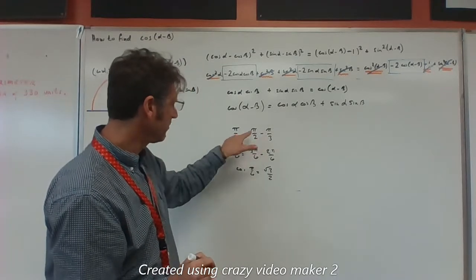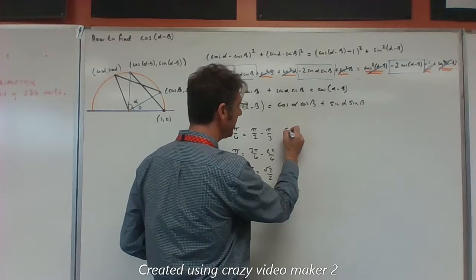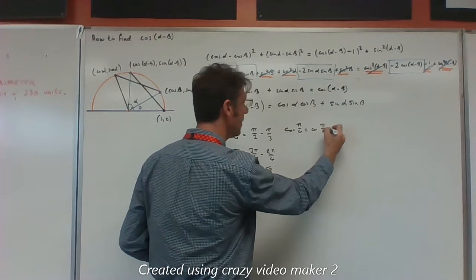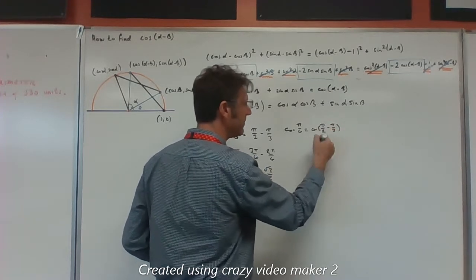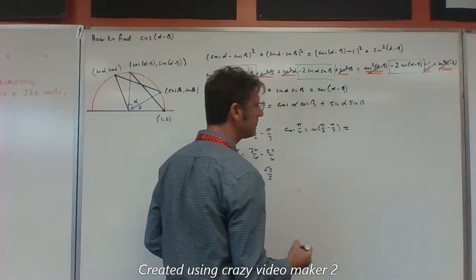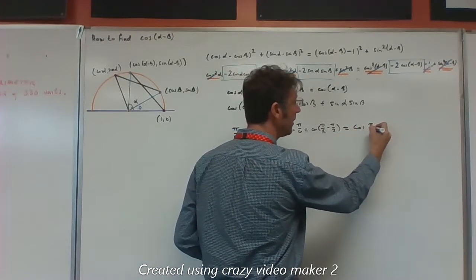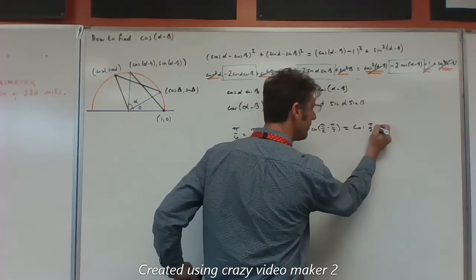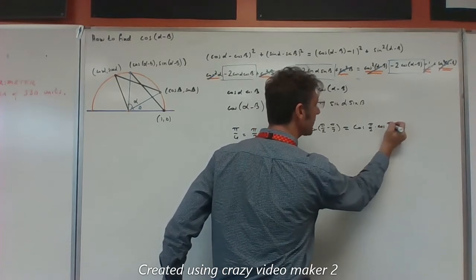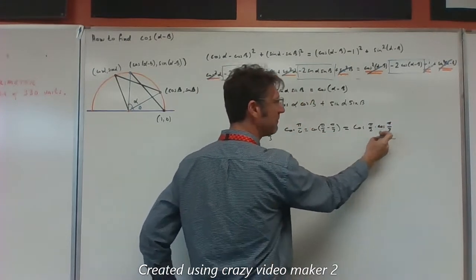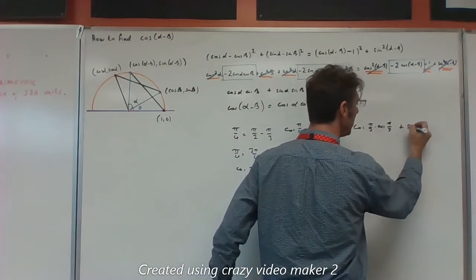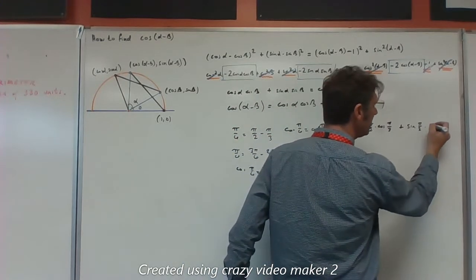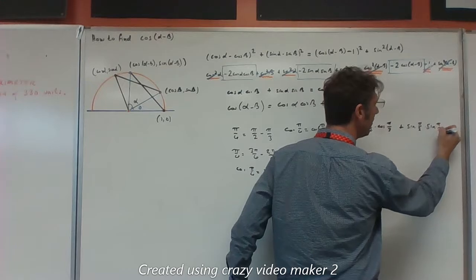So let's give a shot to putting these things in and find that the cosine of pi over 6 is the cosine of (pi over 2 minus pi over 3), bracket that because that's a single angle, which according to our formula is going to be the cosine of pi over 2 times the cosine of pi over 3, because we have our two angles, alpha and beta, plus the sine of pi over 2, because pi over 2 is alpha, times the sine of pi over 3.